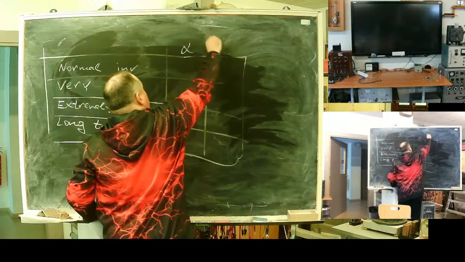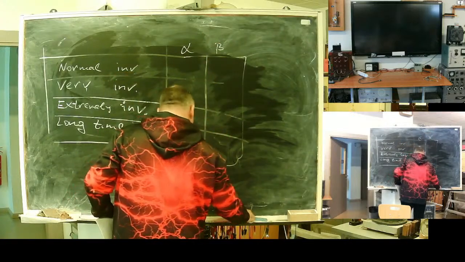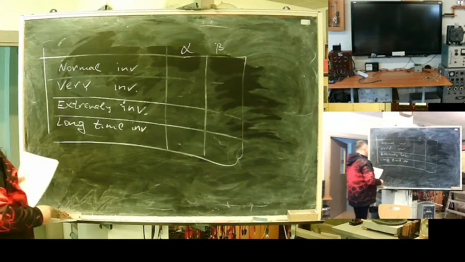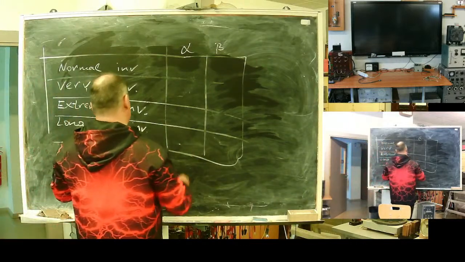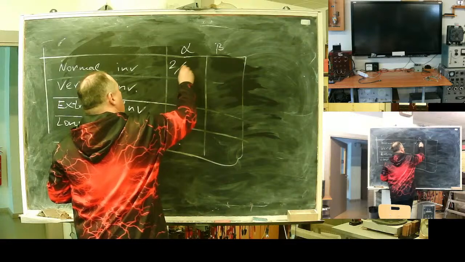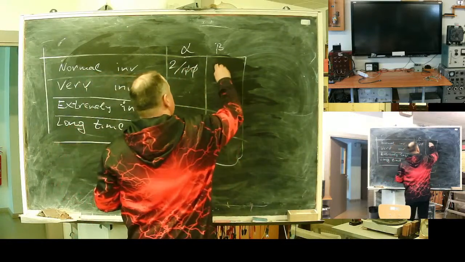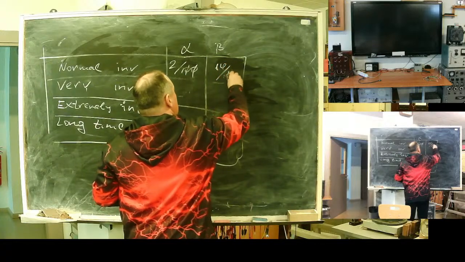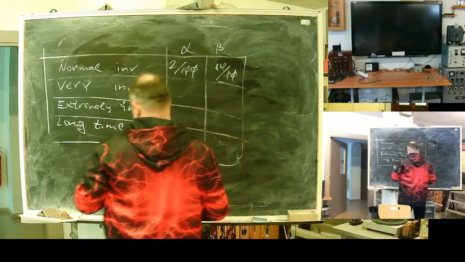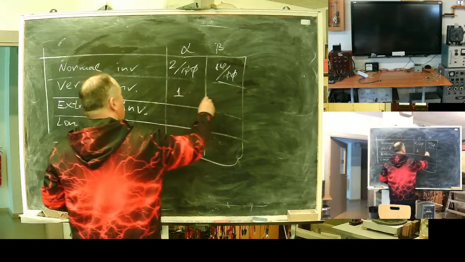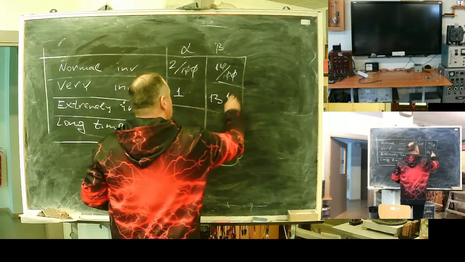So alpha and beta, these constants are specified for each type of characteristic. For normal inverse, it's 0.14 for alpha and 0.02 for beta. Here should be 1 and 14 and 1 half.